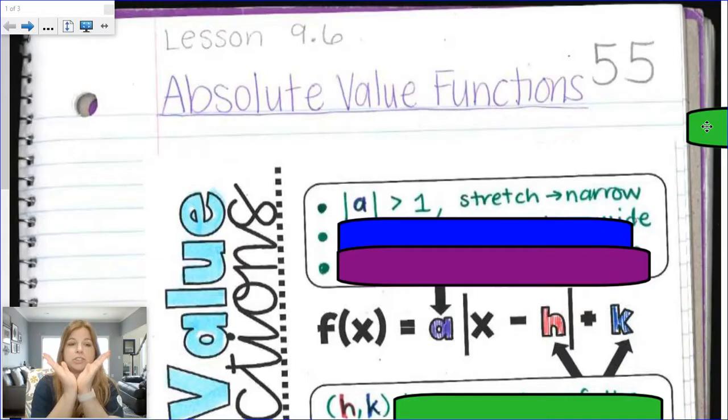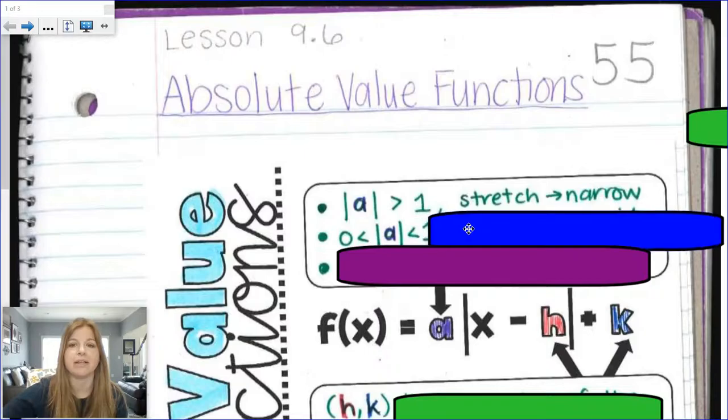Our graph is going to look like a V. It's going to make it more narrow. So if I have a value of 2, it's going to make it look like this, a value of 3, a value of 4, and the greater the A value, the skinnier the graph is going to be.